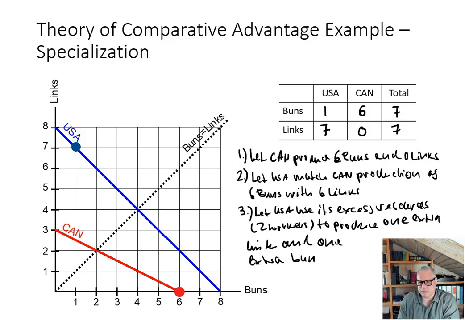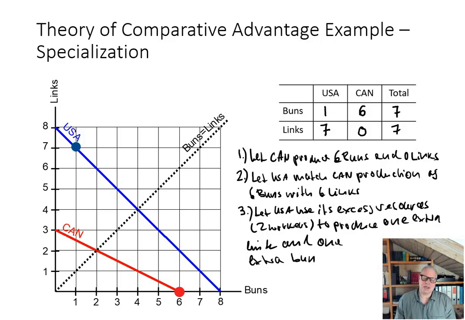But what you should have learned on this slide is how should they specialize. And we did that in 3 steps. We started with the constraint, which bites the most, or which is the most severe, which is Canada. Because Canada, if it fully specializes, can produce much less than the United States if it fully specialized. So in the first step, we let Canada produce 6 buns, and they are now fully specialized.